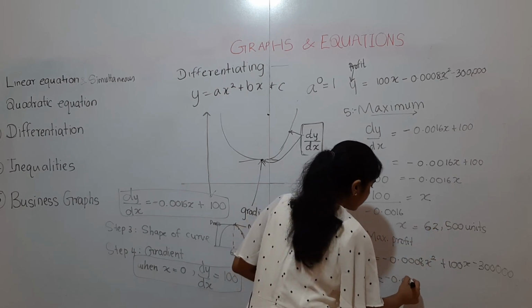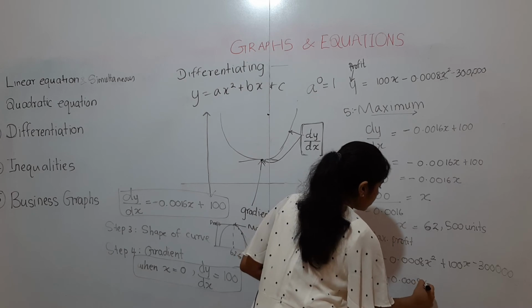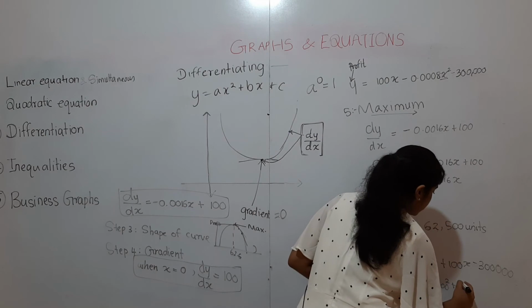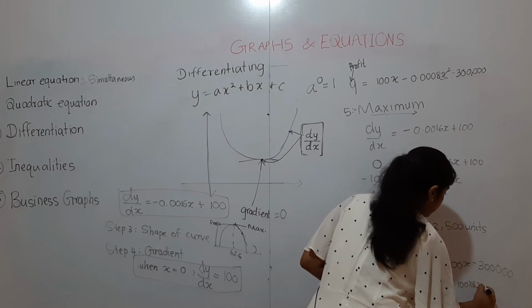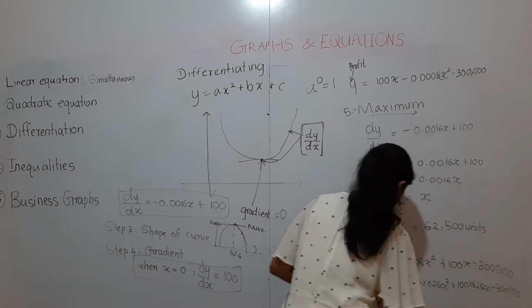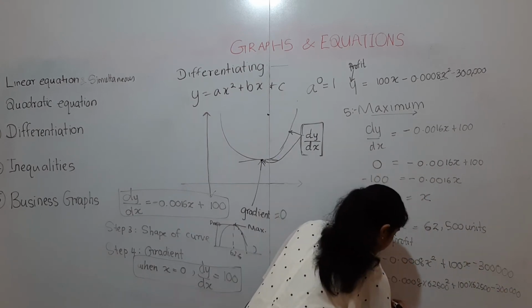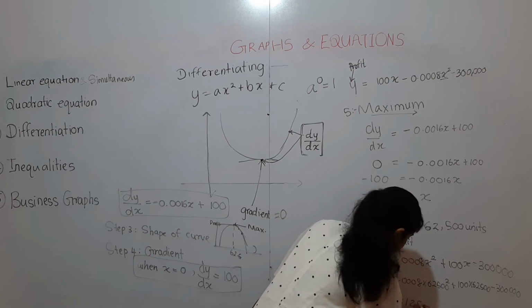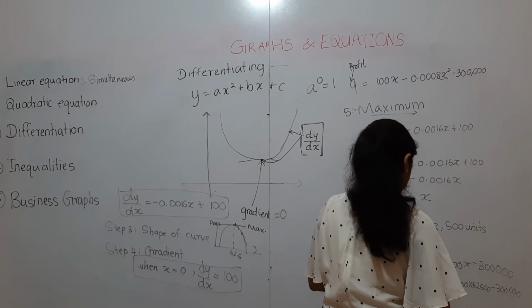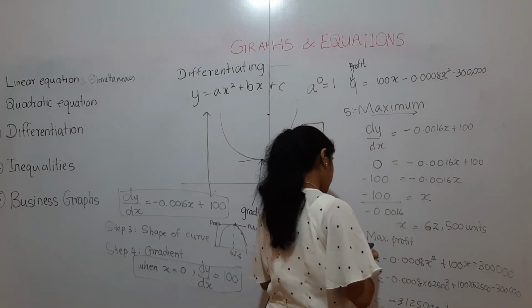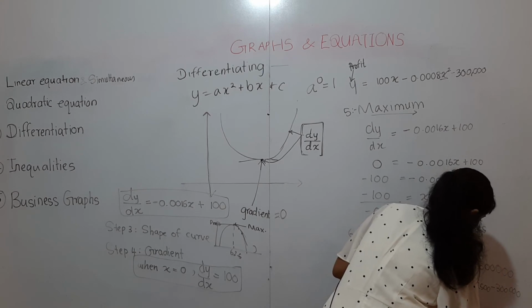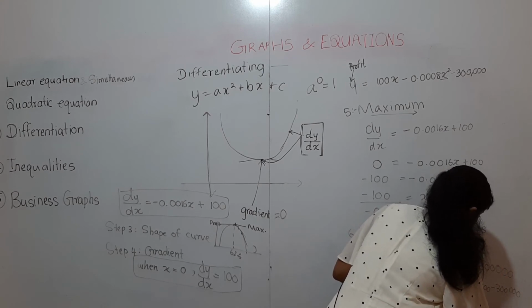multiply everything by 62,500 squared plus 100 into 62,500 minus 300,000. That will give your maximum profit value: minus 3,125,000 plus 6,250,000 minus 300,000.